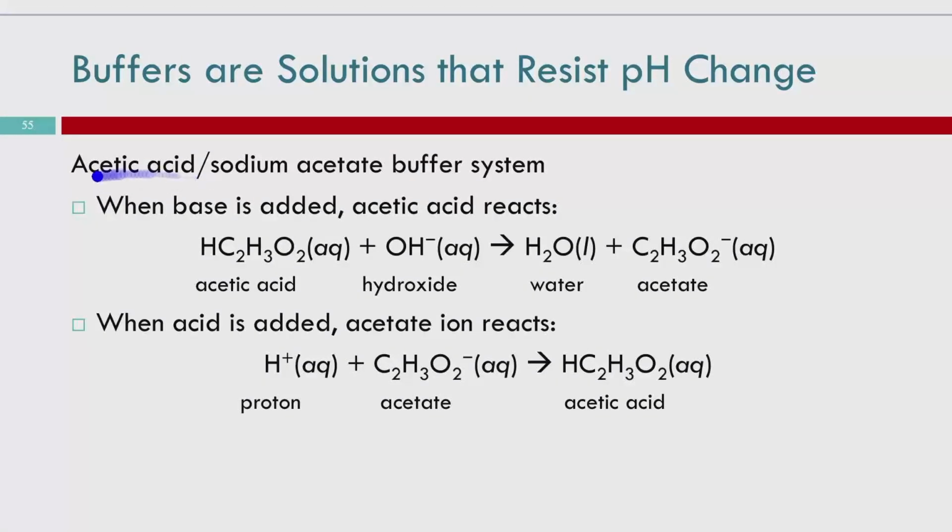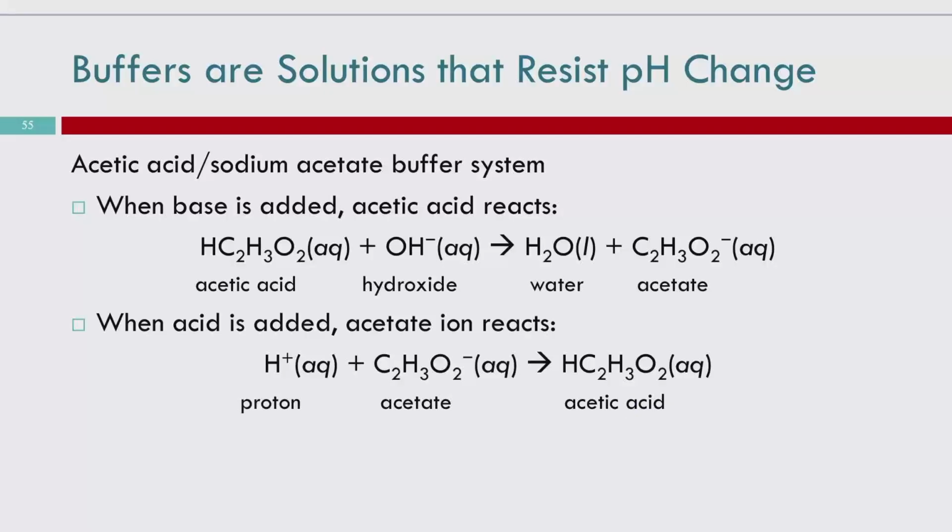So looking at an acetic acid sodium acetate buffer solution, acetic acid is a weak acid. It's one of the ones that you memorize. Sodium acetate is the conjugate base. So if you add base to this system, hydroxide, it reacts with the acid. It forms some of the acetate. If you add acid, it reacts with the acetate that's in solution and forms acetic acid.